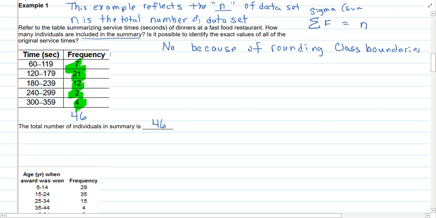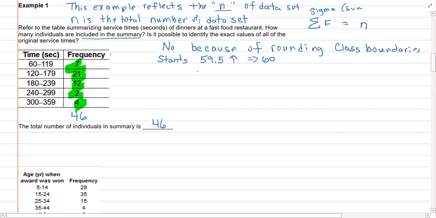In other words, if we started at 60, well, anything that starts at 59.5, sorry, because we're rounding, 59.5 and greater equals 60.